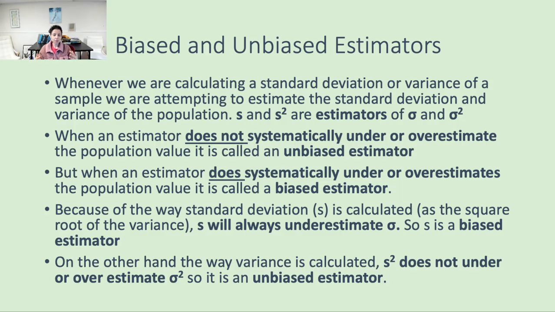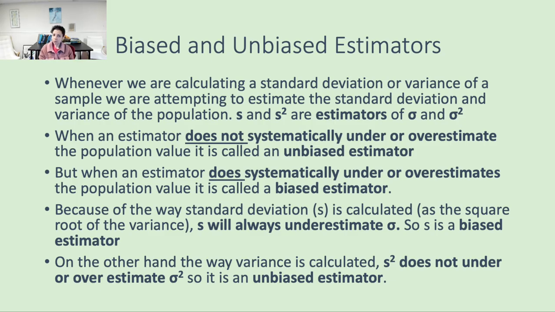Now, there is something called biased versus unbiased estimators. When an estimator does not systematically under or overestimate the population value, it's called an unbiased estimator. But when an estimator does systematically under or overestimate the population value, it's called a biased estimator.